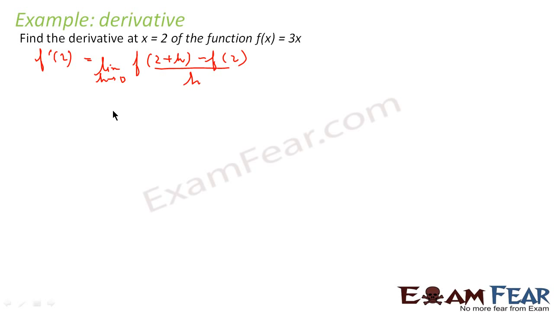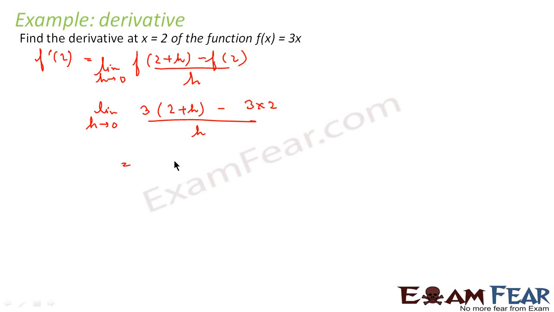So this becomes f of 2 plus h is nothing but 3 into 2 plus h, because f of x equal to 3x, x equal to 2 plus h we put. This becomes 3 into 2 plus h minus f of 2 is 3 into 2, because x is equal to 2, by h, limit h tends to 0.